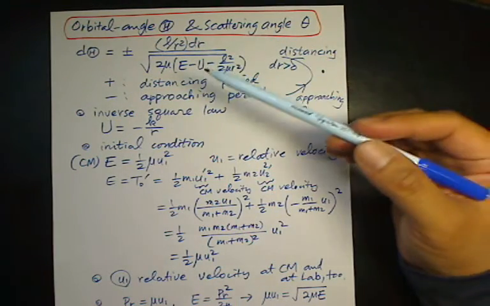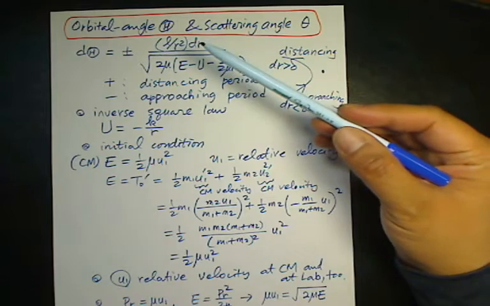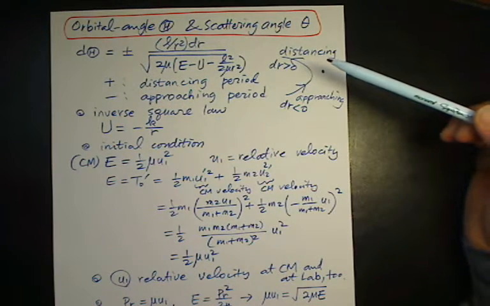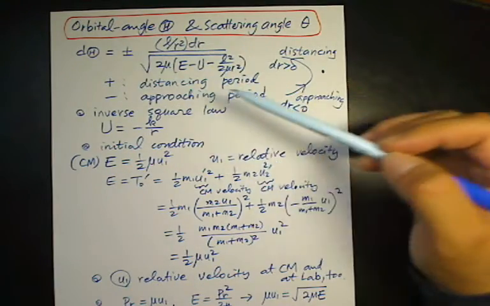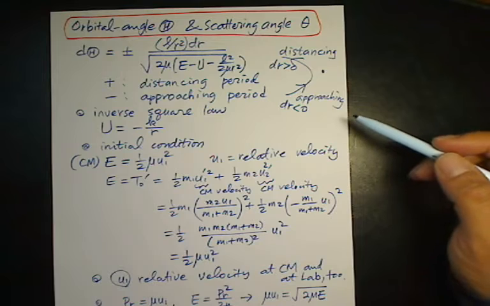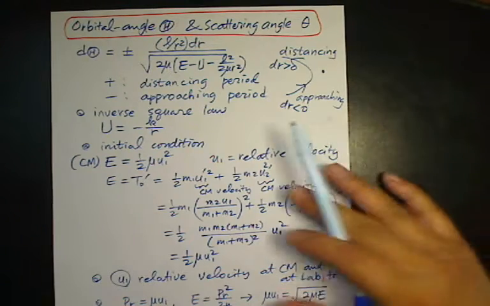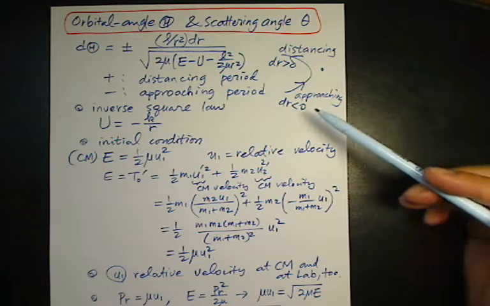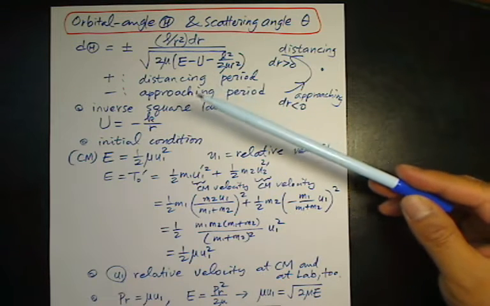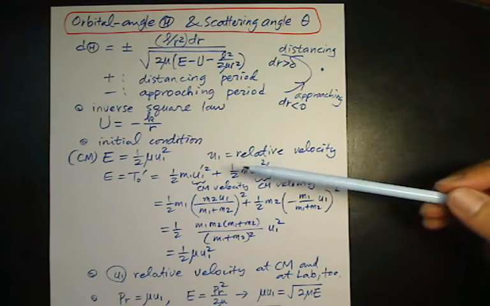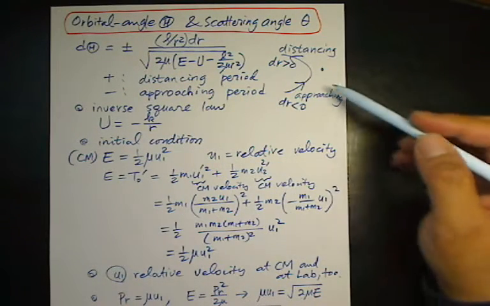The time is expressed in terms of r, and r is expressed in terms of theta. That is all allowed because the angle theta is the cyclic coordinate, and orbital angular momentum is therefore preserved. By making use of this expression, we can compute the orbital angle theta during the interaction.